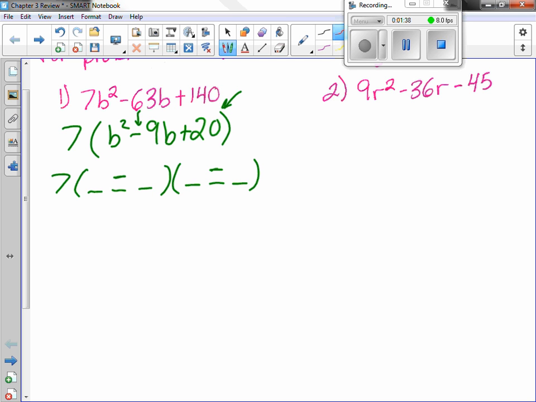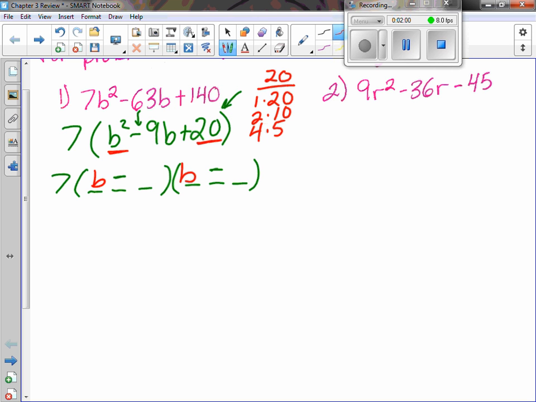Now the next step that we did in solving this would be to find the factors of the first and third term. Well, the factors of b squared would be b and b. The factors of 20 are 1 and 20, 2 and 10, 4 and 5. So we have 3 different sets of factors.